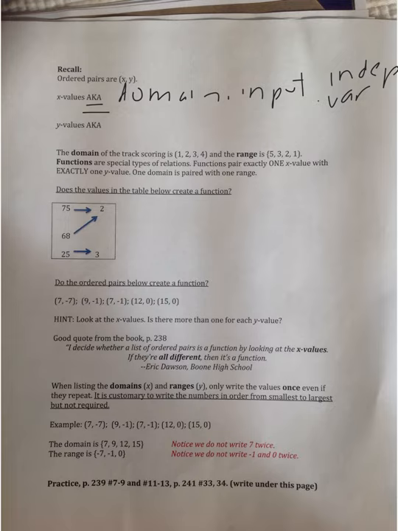Your Y values are also known as the range, the output, and the dependent variable. I have a new stylus, so this isn't working very well. The domain of the track scoring is 1, 2, 3, 4, and the range is 5, 3, 2, 1.